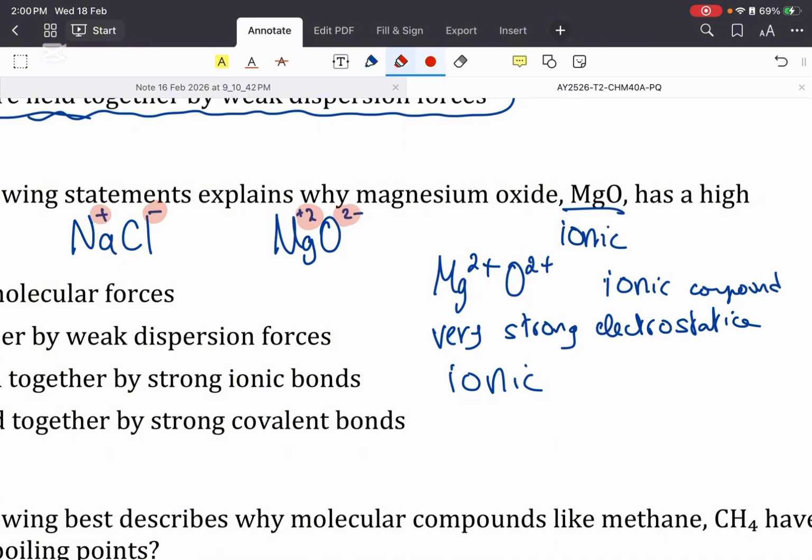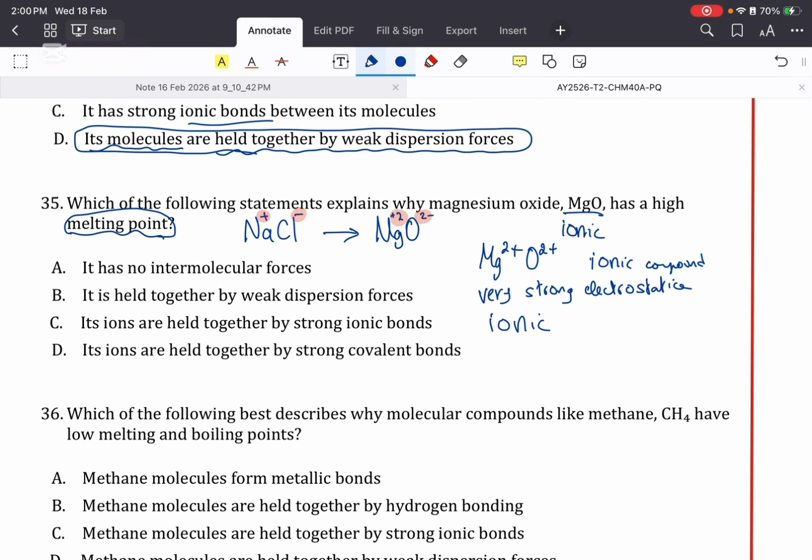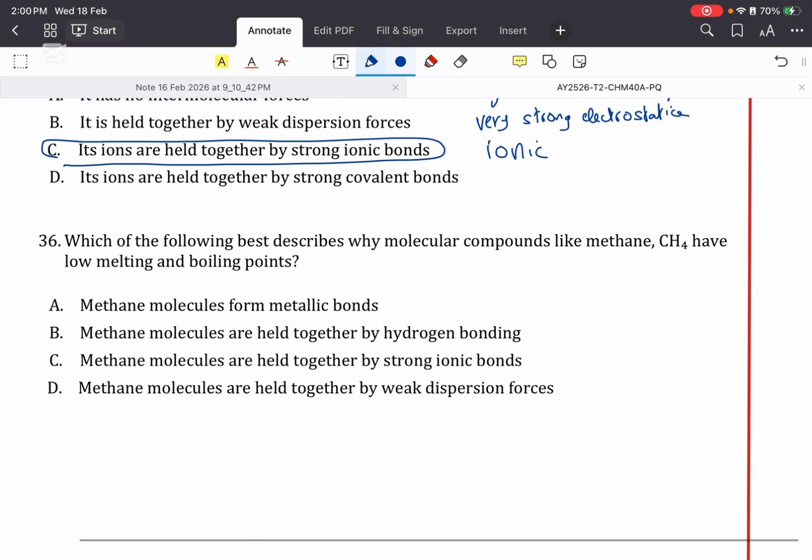A force of attraction held between +2 and -2 is double the strength of a force of attraction held by +1 and -1. So if I am comparing, MgO will have a higher melting point. The ions are held together by very strong ionic bonds.